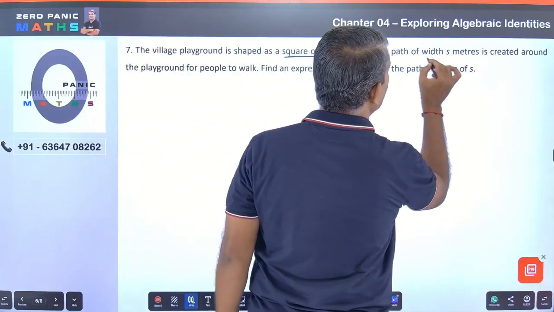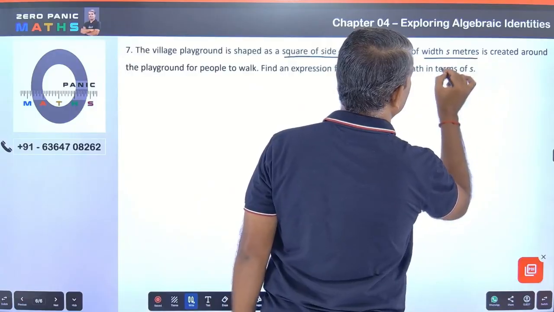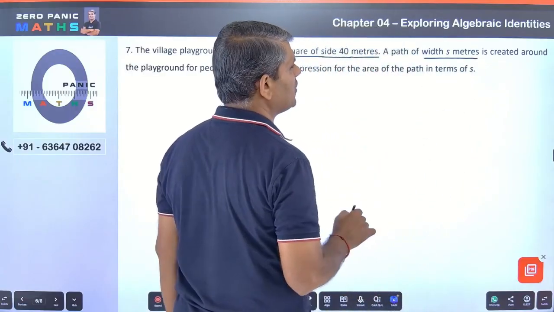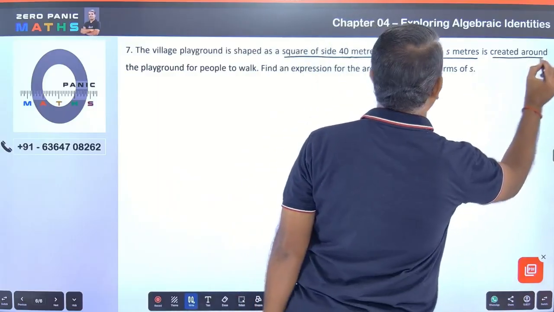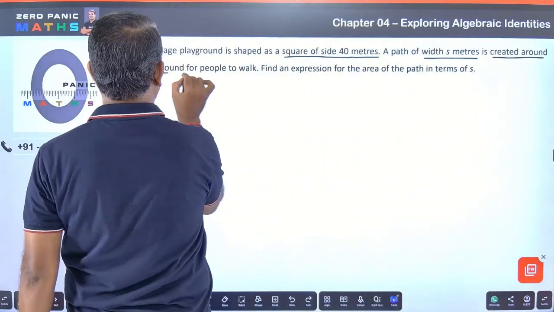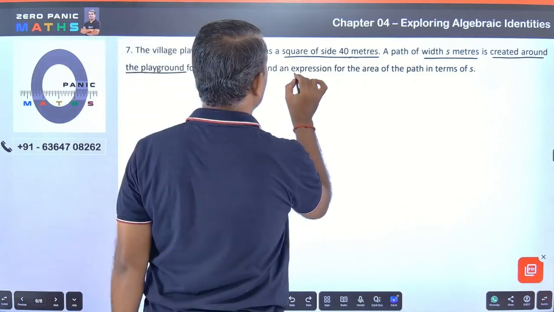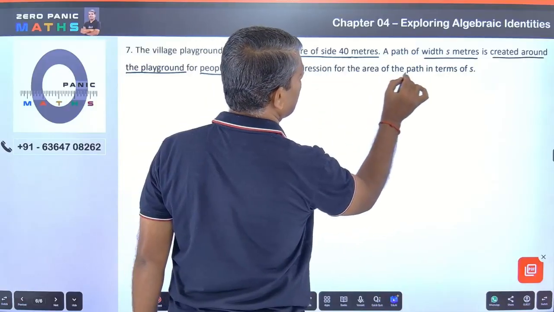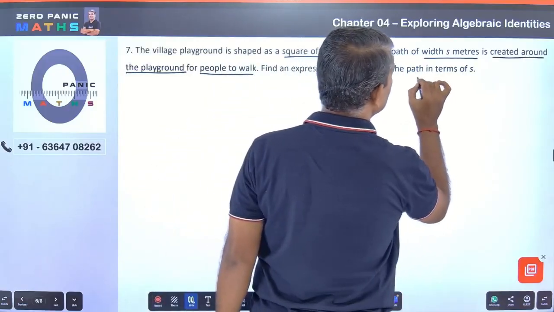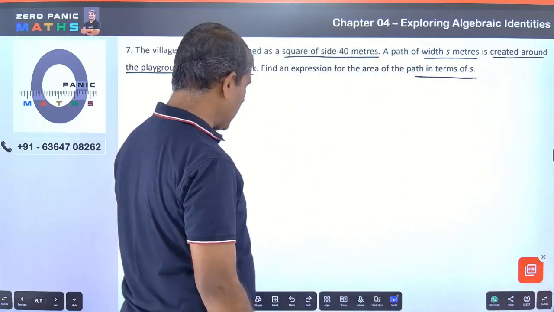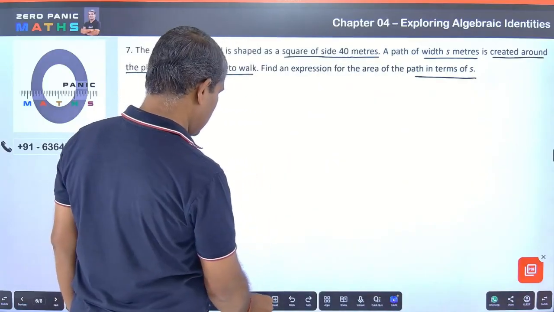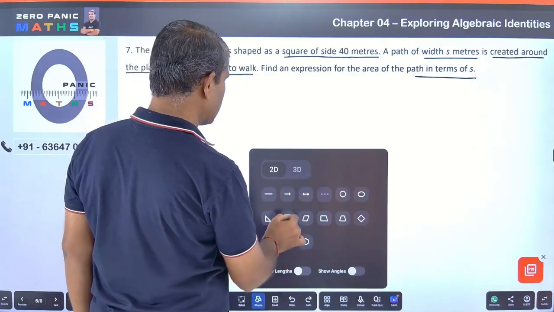A path of width s meters, it is not 5, s meters, is created around the playground for the people to walk. Finally we have to find an expression for the area of the path in terms of s.